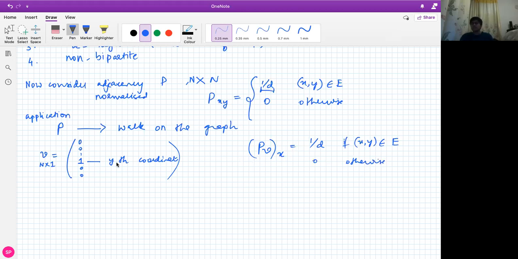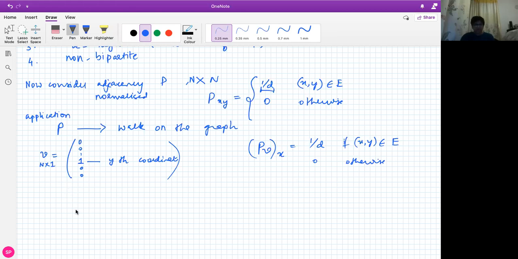So the application of P on the vector once gives a probability distribution on all the neighbors of y. From concentration on one element, we have moved to a vector where the distribution has spread over the neighbors of this element.